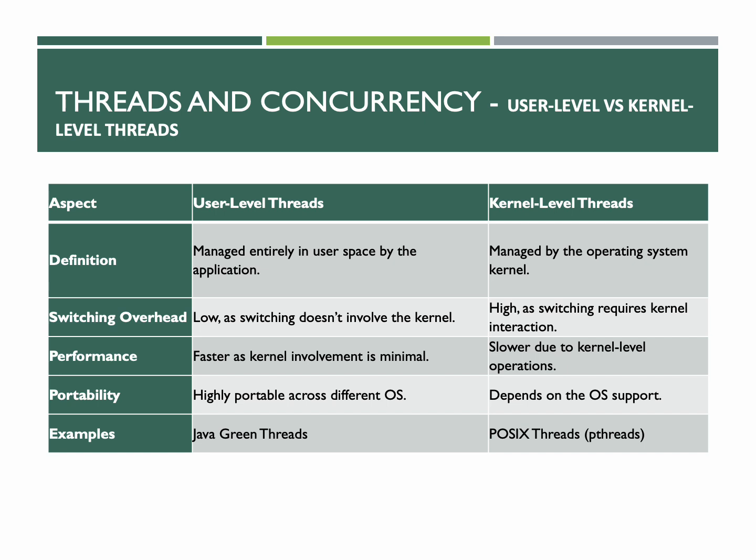So for the examples, Java green threads are an example of user level threads, providing lightweight threading within the Java virtual machine. And POSIX threads like pthreads, on the other hand, exemplify kernel level threads integrating tightly with the operating system.